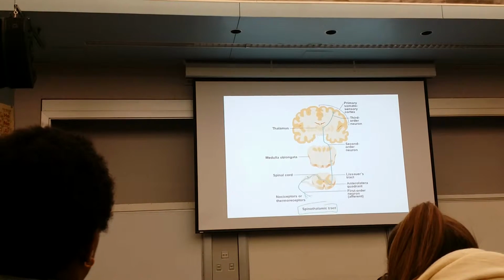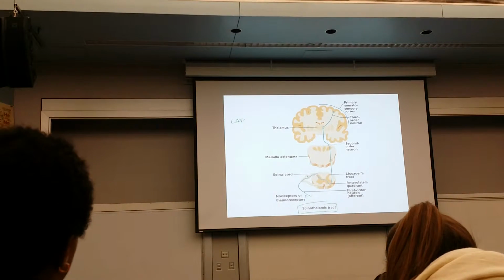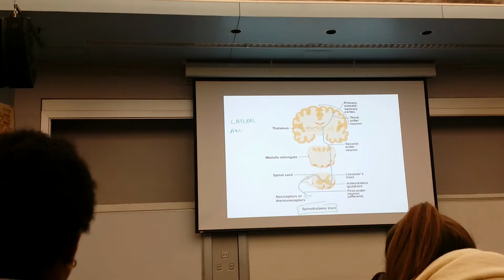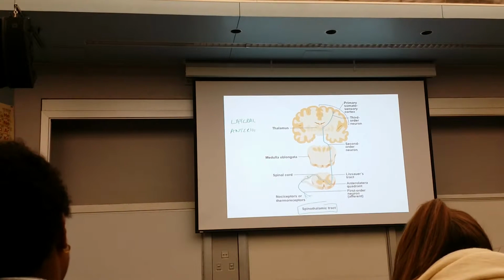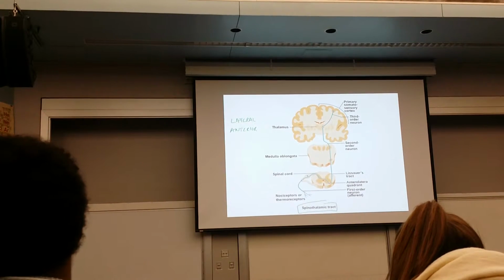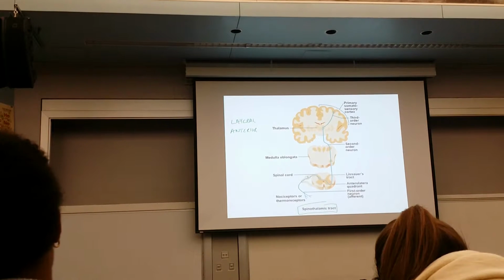This spinothalamic tract has actually two portions. It has what is called the lateral and anterior. The lateral spinothalamic tract is the one that we're seeing here, right? Where the fibers cross to the other side, right?